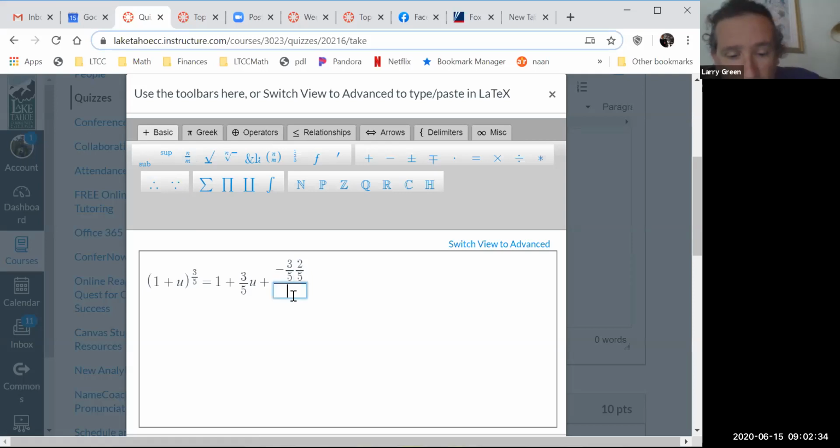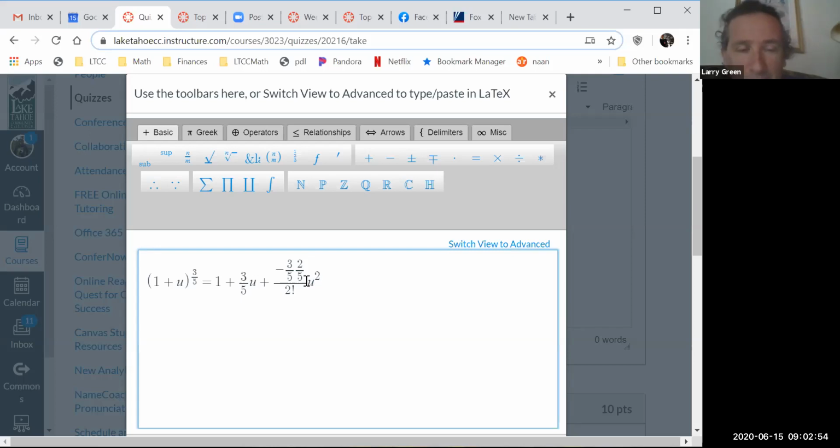And then over 2 factorial, and then times u squared. Any questions? Have I lost anyone there? Okay, and you could write it as 6/25. Remember, we're looking possibly for patterns, so I think it's easier to not write it as 6/25 than to write it as it is now.